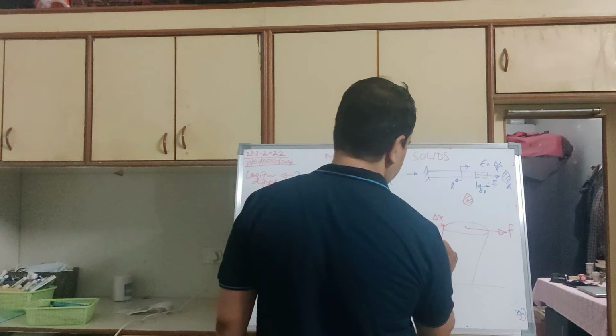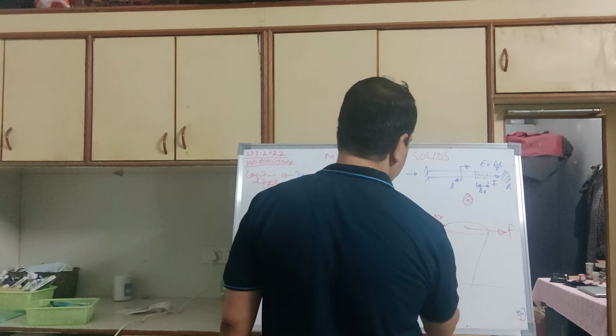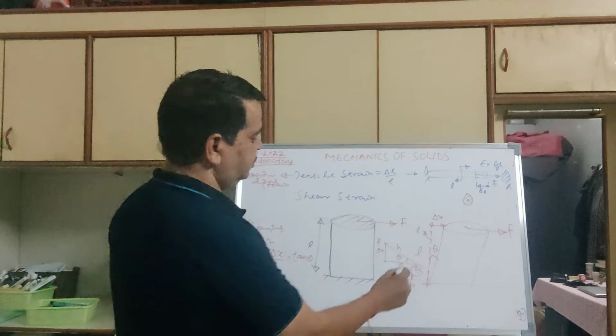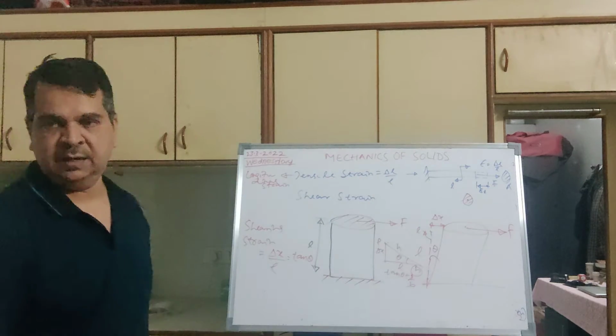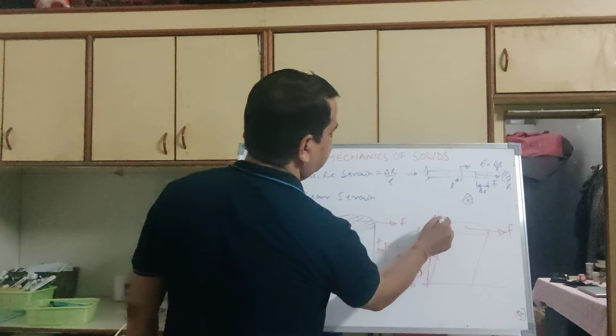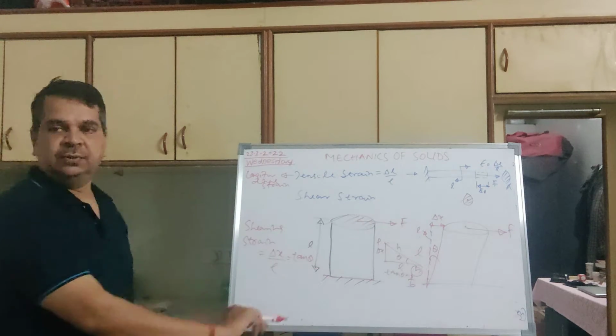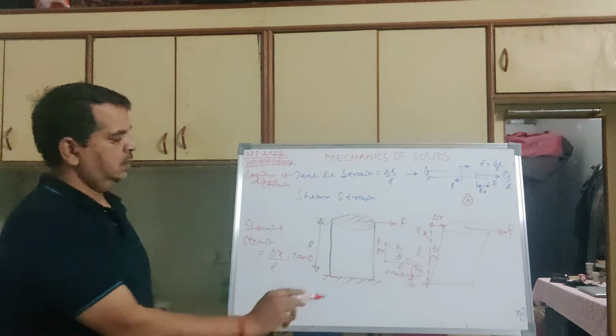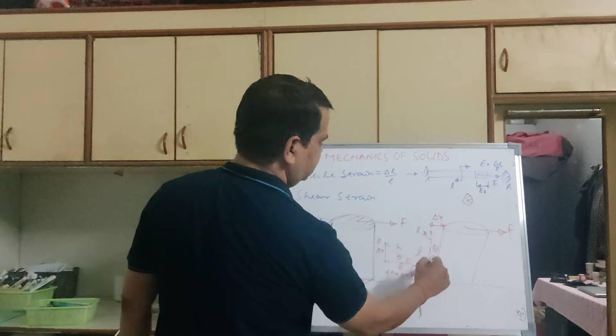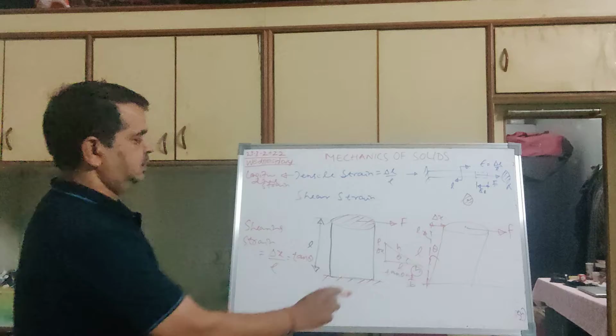This is your length L, and this is your delta x, so this angle is theta. So tan theta is equal to del x by L. You are able to correlate these two because this is a right angle triangle with a vertical line.